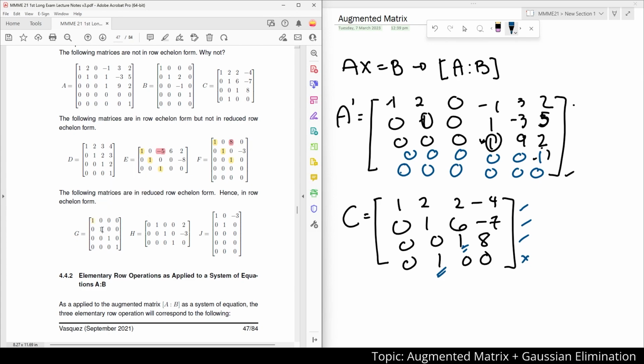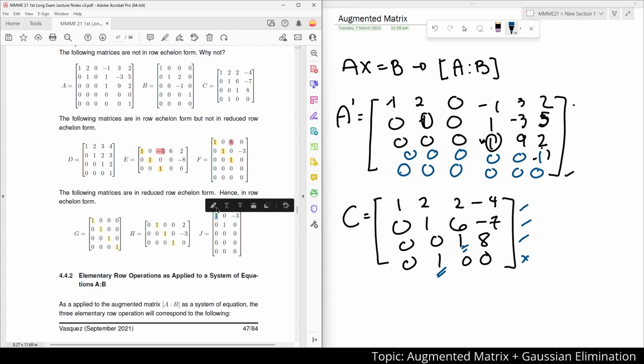Okay? Then, the column in which these leading entries are in, 0 lahat ng entries mo. Same with this one. 1, 1, 1. Then, for all the columns in which the leading entries are, 0 lahat ng ibang entries.